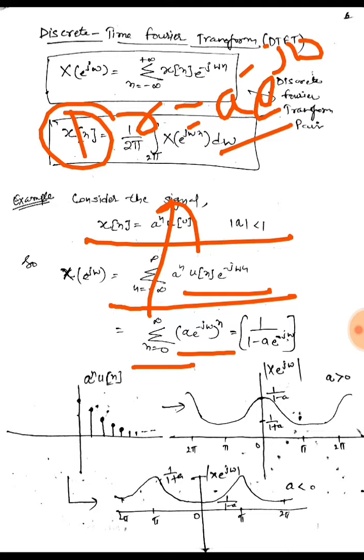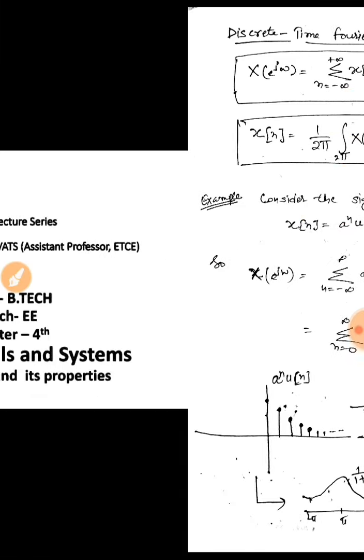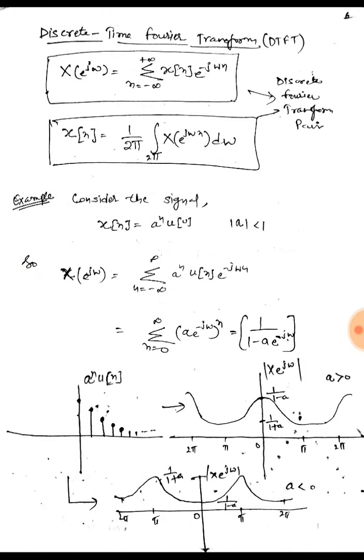As we all know, the sum of an infinite GP is a upon 1 minus r. So it becomes 1 upon 1 minus a times e raised to power minus j omega. So this is the Fourier transform for the signal a raised to power n u[n].